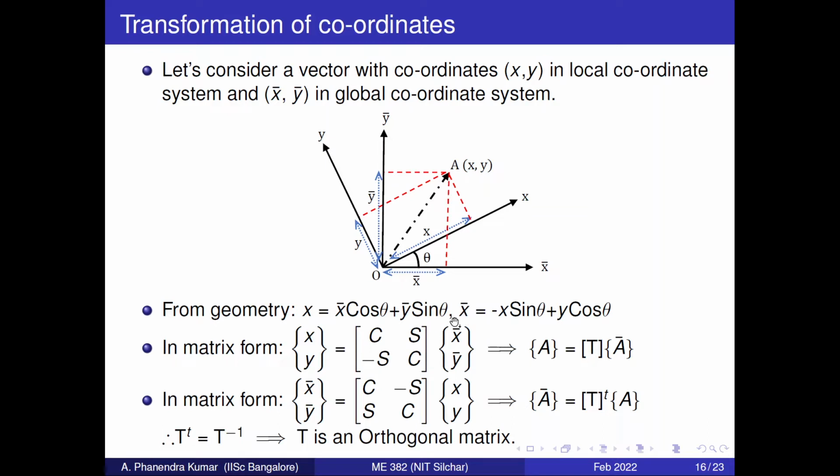Similarly, you can do the same exercise for x bar. For x bar we need to resolve the x and y coordinates, right? So this is x. Let's resolve x onto here. This is x cos theta, and if we resolve y, the angle between x and y is 90, and so the angle is 90 plus theta.